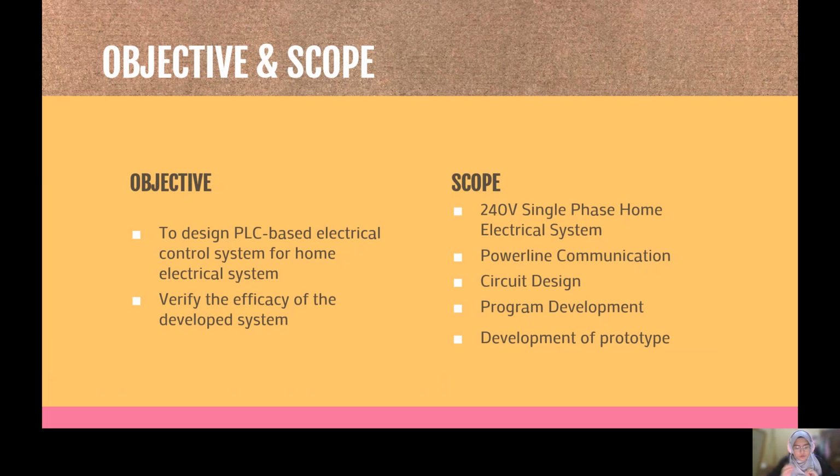Now, the scope of this project involves 240-volt single-phase home electrical system, the power line communication, the circuit design, the program development, and the development of the prototype.